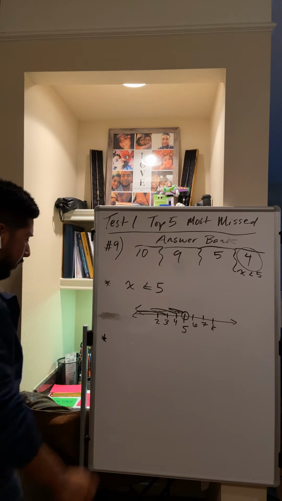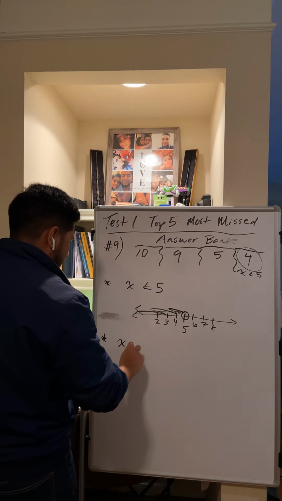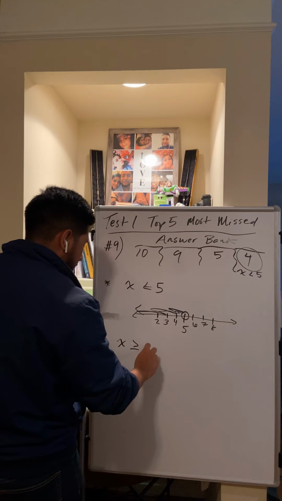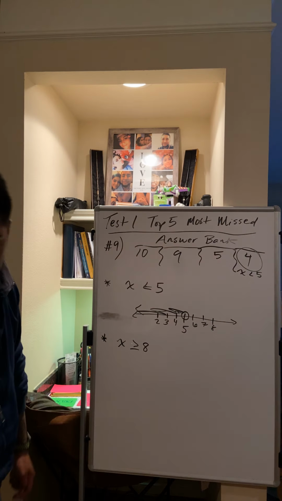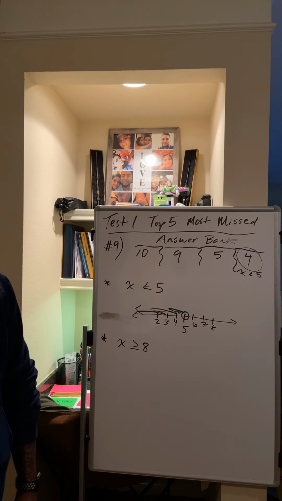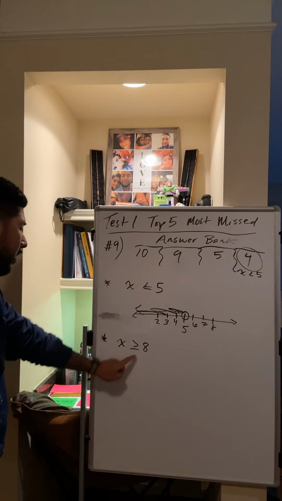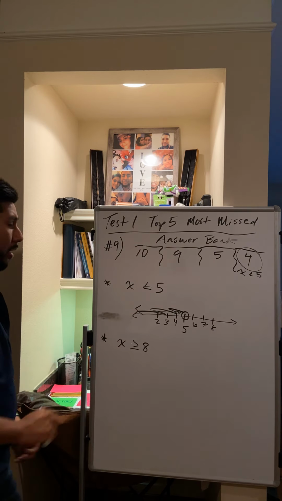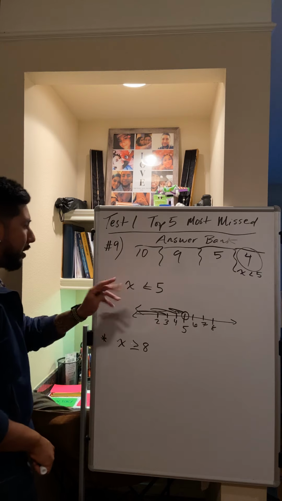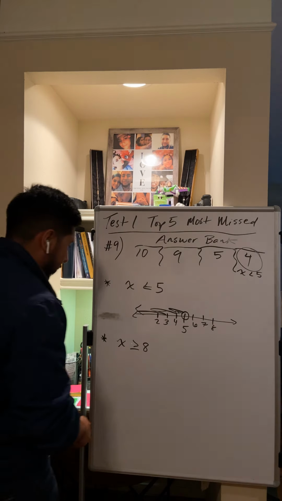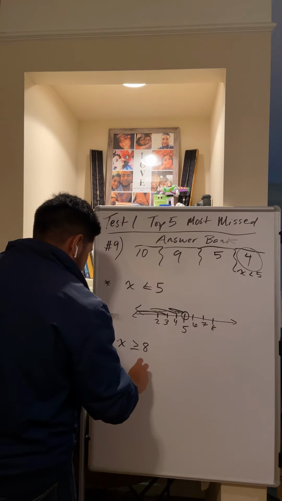Next one. X is greater or equal to 8. So I didn't make this problem, but I didn't realize that there's 2 answers for it here. That's ridiculous. Okay, no worries.